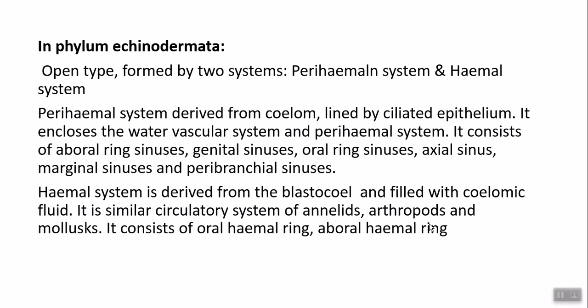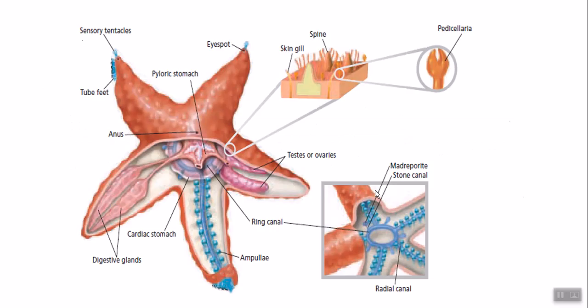So the water vascular system is in the middle, and then on the aboral region there is a hemal ring, and on the oral region there is also a hemal ring. So there are two hemal rings closely associated with the water vascular system, one on the upper part and one in the lower part.